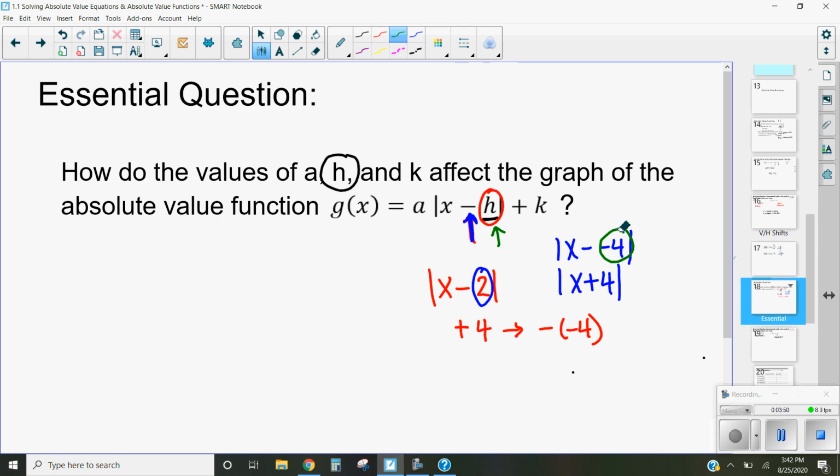So because of that subtraction, x minus h, for that number we want to just look at the integer, not the sign in front of it. If it's a plus sign, we want to think in our heads that this is actually a minus a negative, and we want to change that.